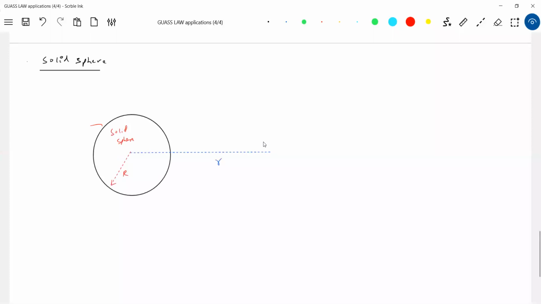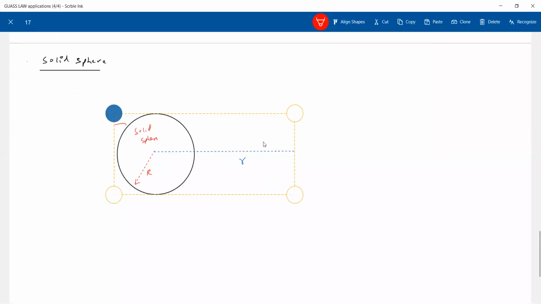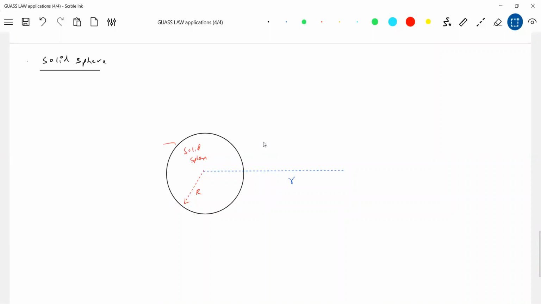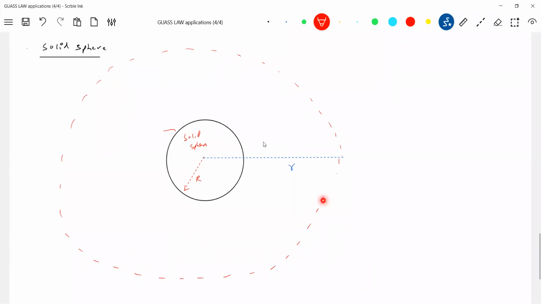What we are going to do is assume a Gaussian surface. What is the shape of the Gaussian surface? It's spherical, a Gaussian sphere.